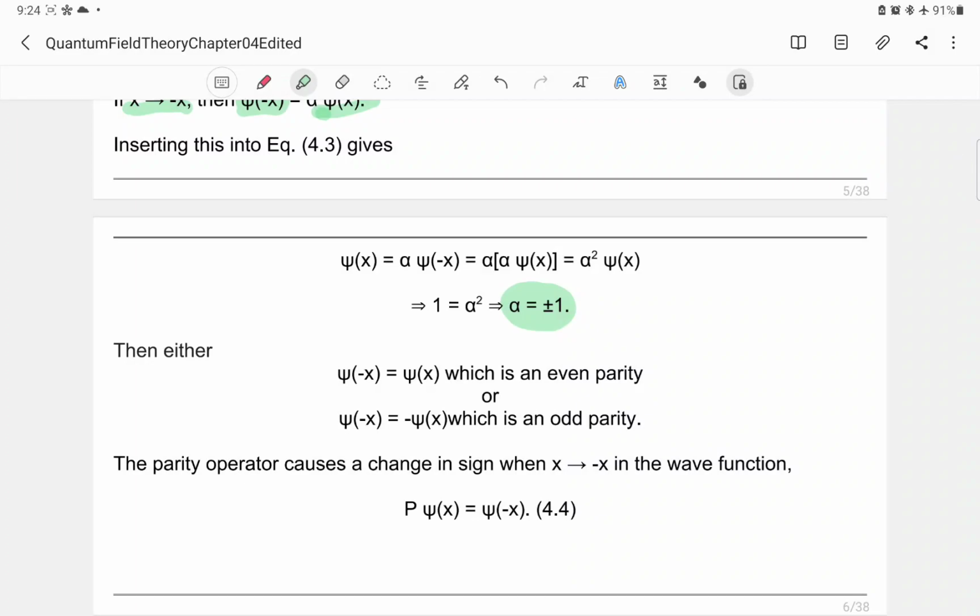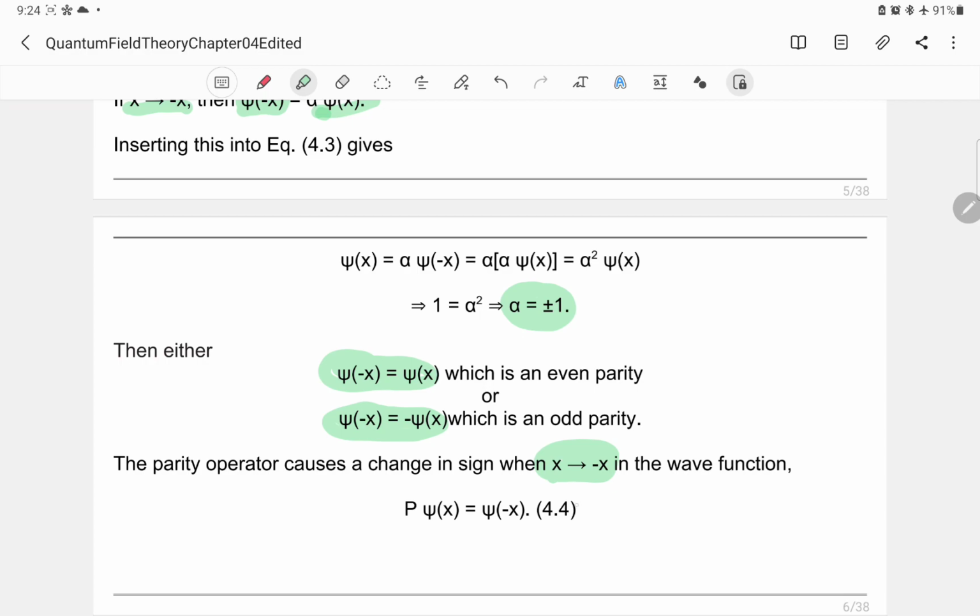This means that you have a parity that could be an even parity or an odd parity. If your wave function transforms like this, then you have an even parity. And if your wave function transforms like this, it is an odd parity. The parity operator causes the change in sign when x is transformed into negative x in the wave function.